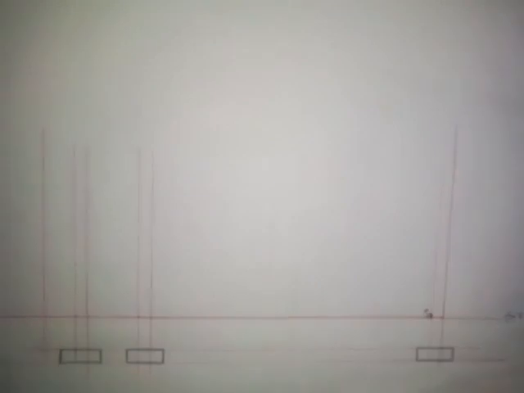Alright, the next thing I'm going to do is show that this is a concrete strip foundation. So I just put some circles here to represent stones or gravel.